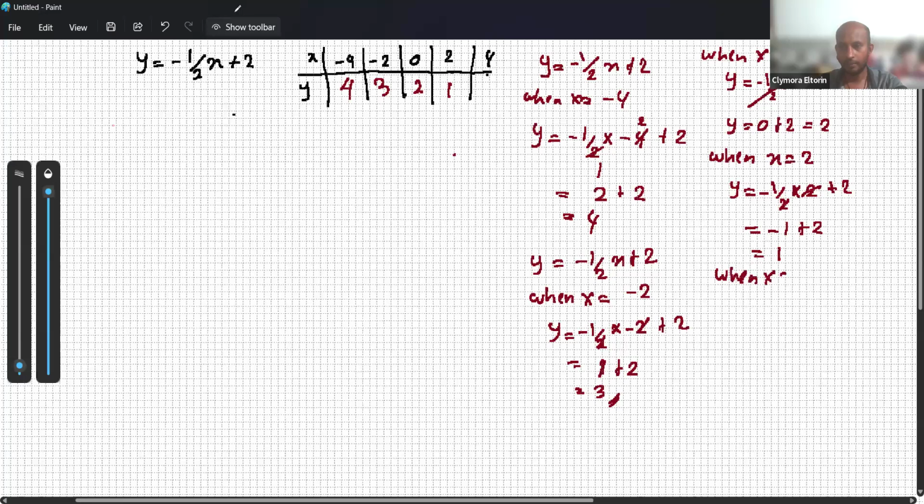When x becomes 4, y equals minus half into 4 plus 2. 2 times 1, 2 times 2. Minus 2 plus 2 means it's 0.